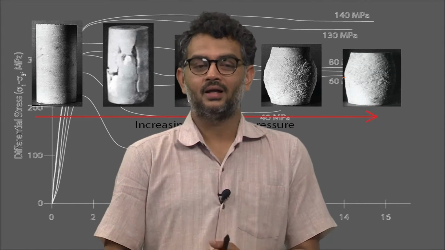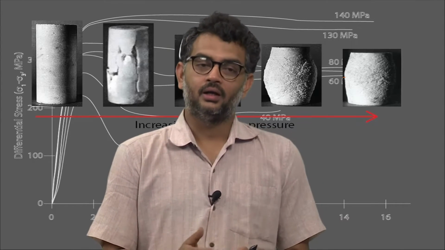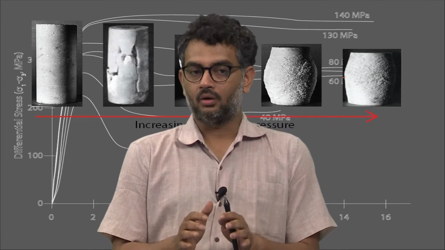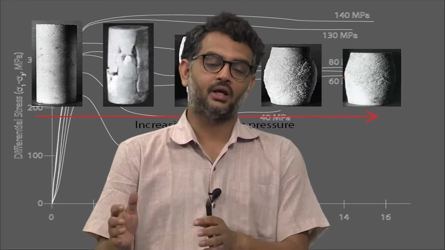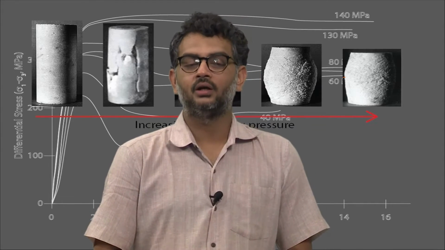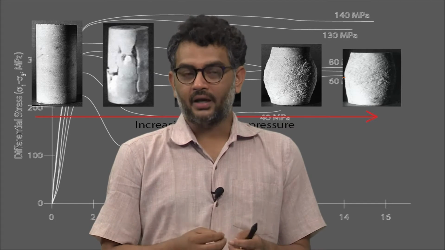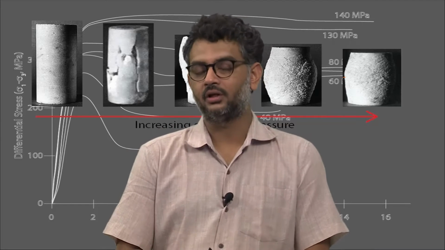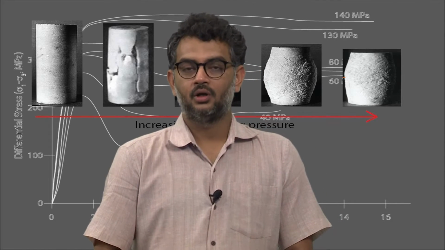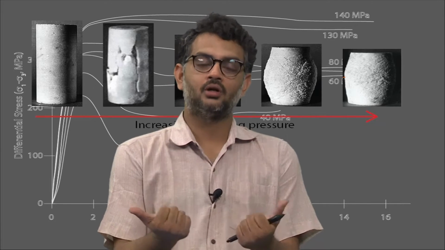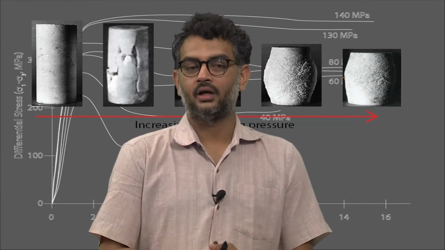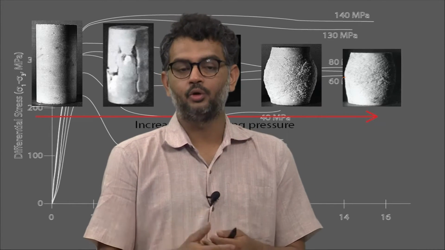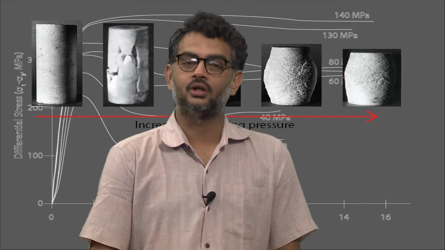So, the pore pressure has a very important role in determining the strength and flow of the rocks in general, because if I have a rock at say 20 megapascal confining pressure, then if I add pore pressure to the rock, the effective confining pressure reduces. We will learn about it later when we learn deformation mechanism, because pore pressure exerts an opposite force to the wall of the rock, and therefore, the total confining pressure reduces. So, we will see how the pore pressure plays a role in governing the strength of the rocks.